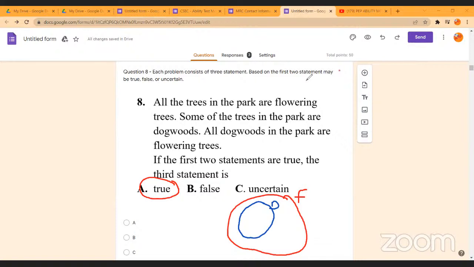Yes, miss. All right, good. Read the next statement now. If the first two statements are true, go on.